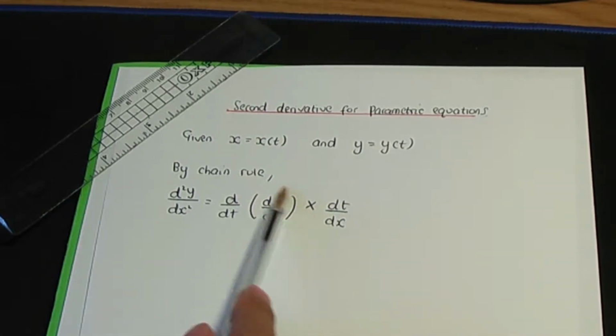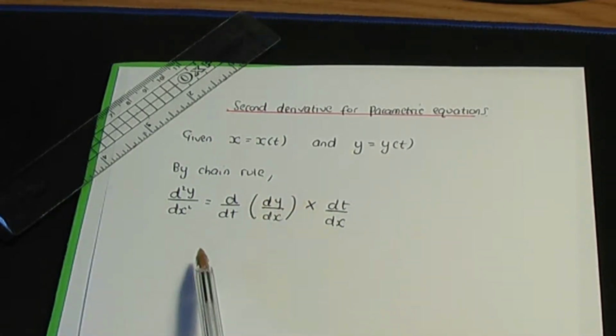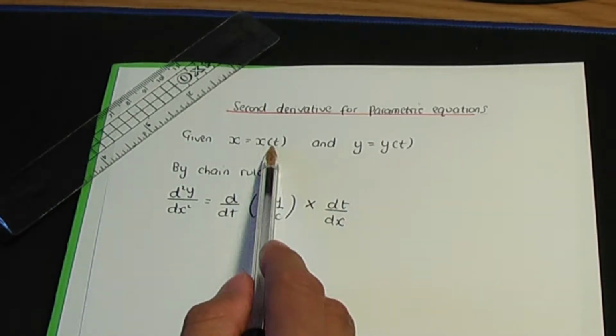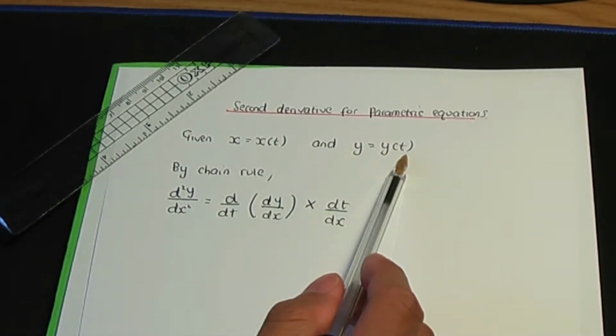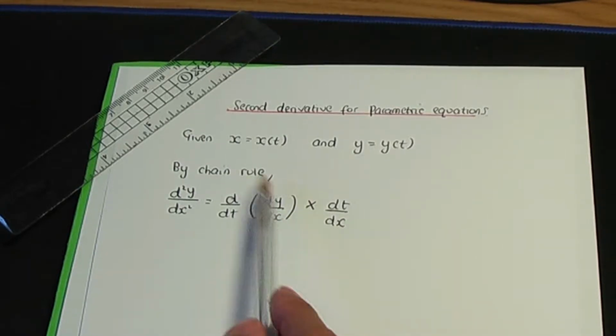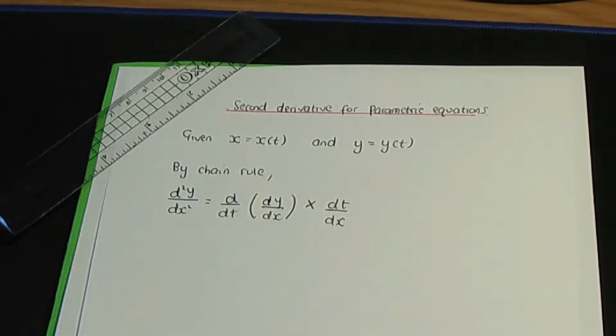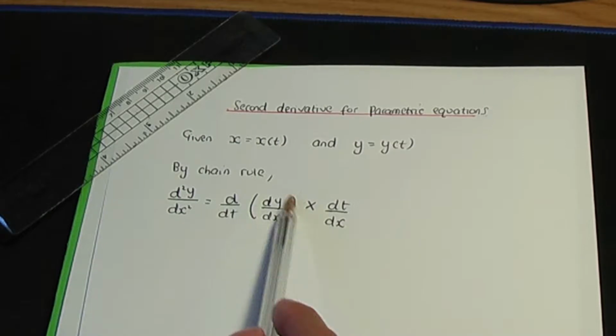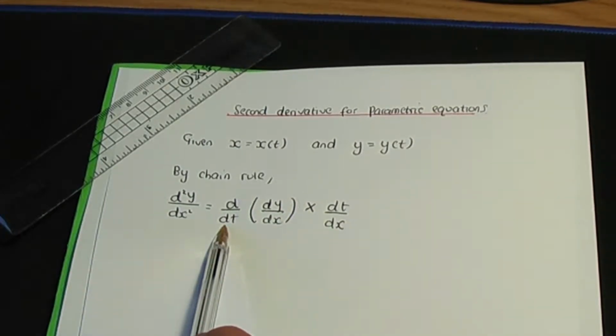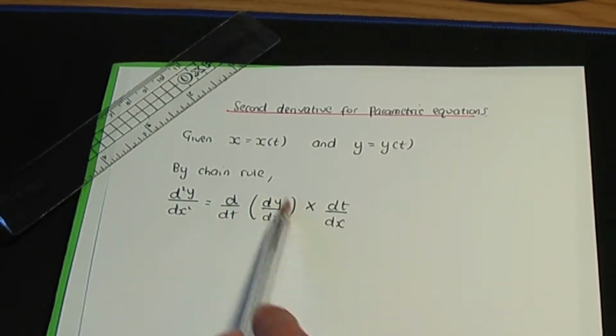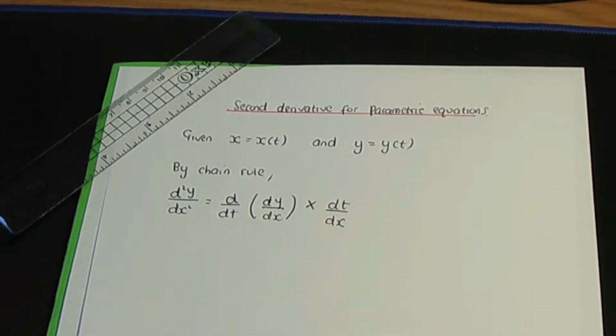So dy over dx will generally be in terms of the third variable, whatever that may be. So I'm naming the third variable as t. So dy over dx will generally be in terms of that third variable t. So you differentiate that with respect to t, and then you multiply the outcome by dt over dx.